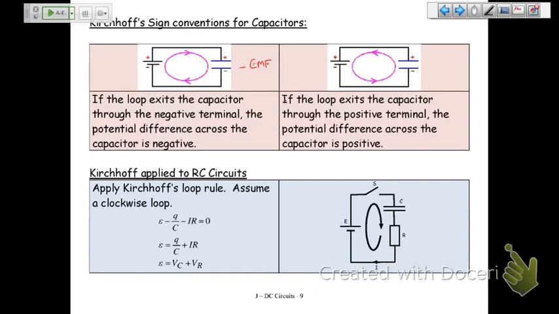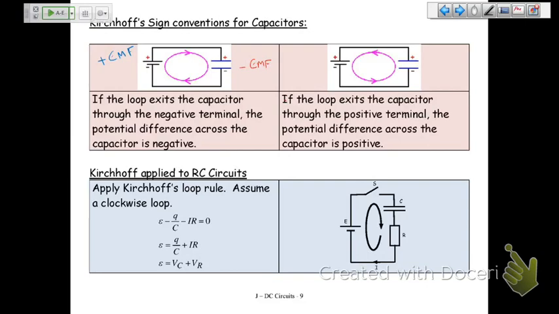The rule is, if we leave a voltage source on the positive, that's a positive EMF, because my loop, the way I've drawn it, is leaving via the positive. But what about this capacitor? If that's the positive terminal, that's a positively charged plate, and that's a negatively charged plate.